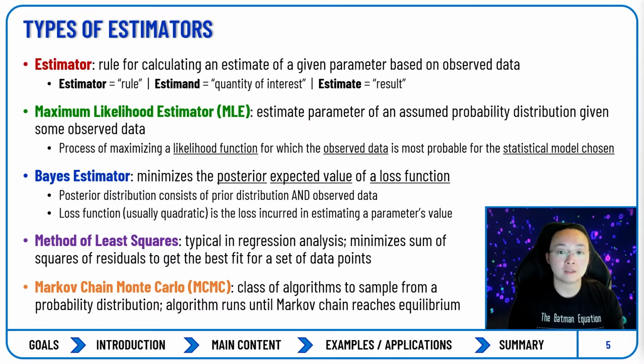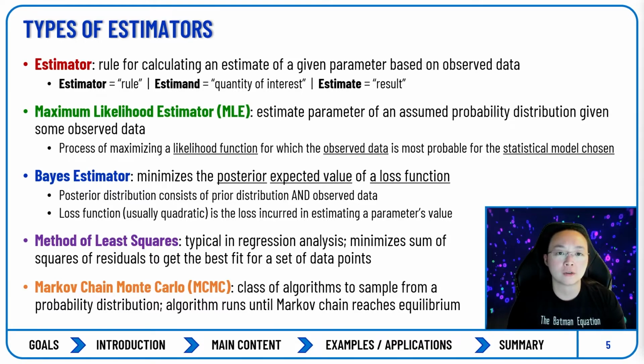What does all this mean? It means we are trying to, number one, use our observed data and find a probability distribution that fits that observed data the most. Once we have that, we can go through a process of maximizing a likelihood function for which that observed data is most probable for the distribution we've decided on.